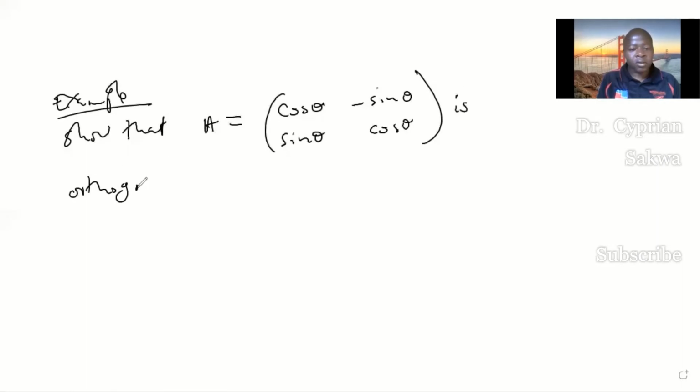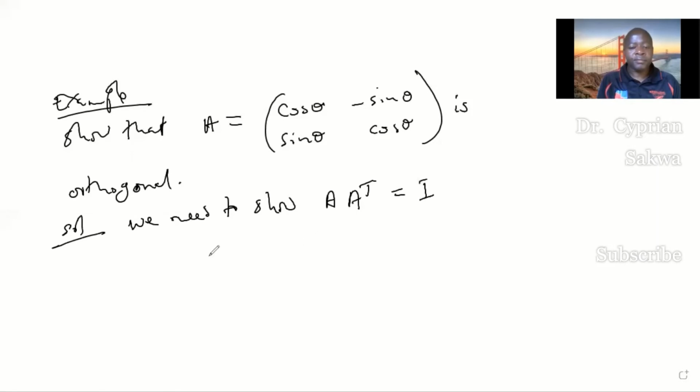Solution: we need to show that A times A transpose gives us the identity. So what is A transpose? The transpose of A is, we make the first row the first column, and the second row we make the second column.